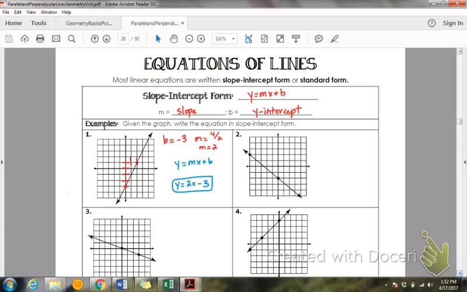Okay, do number 2, please. And then we'll see if we have the same thing. Find b first, always. B is where it's crossing the y-axis.